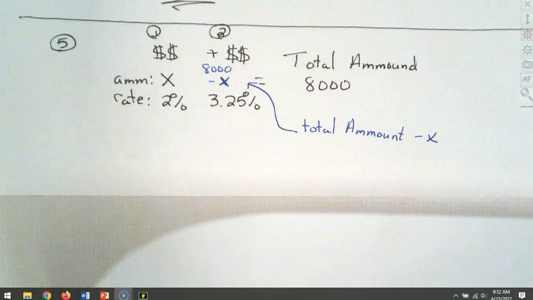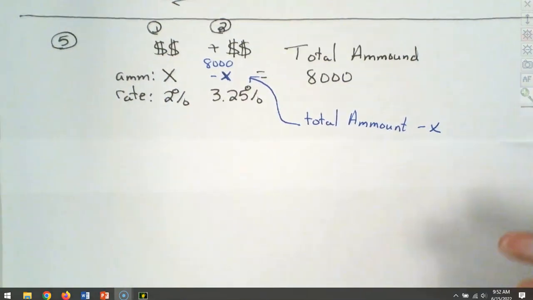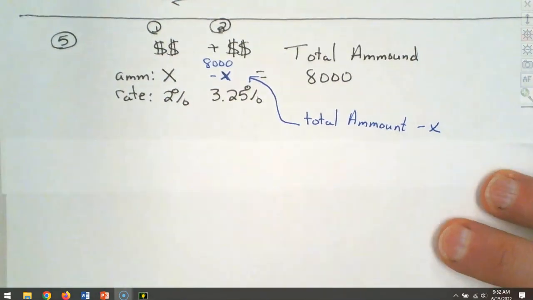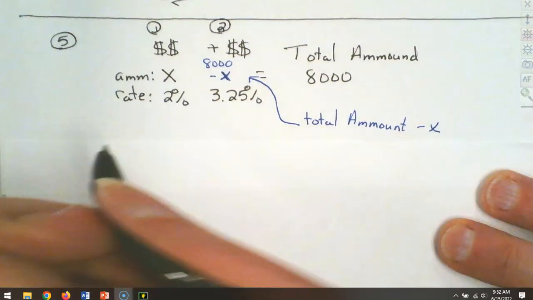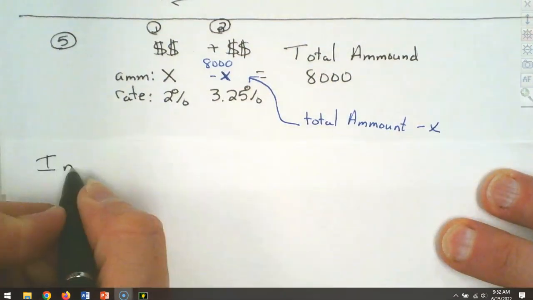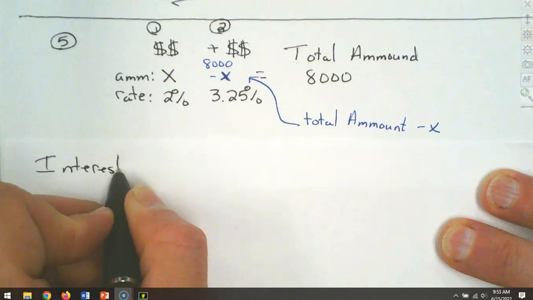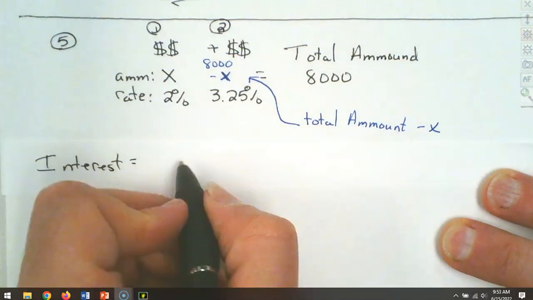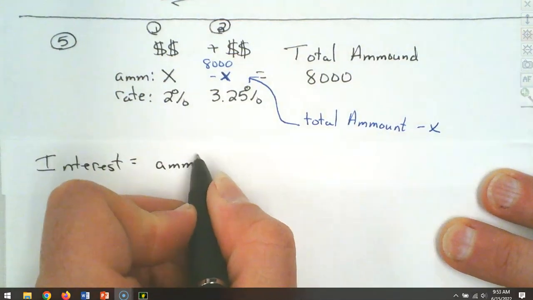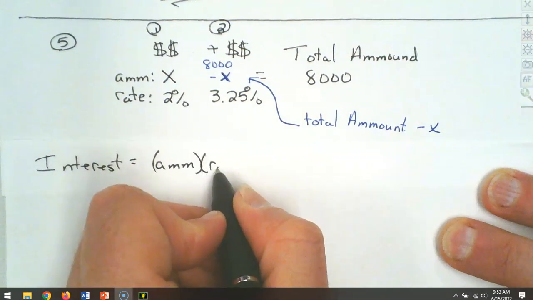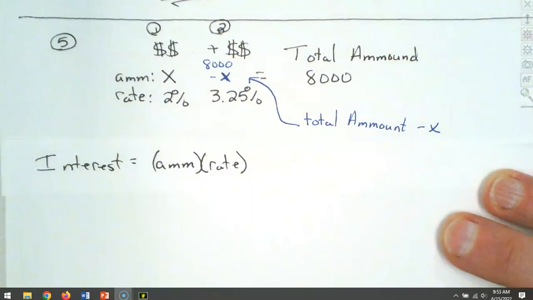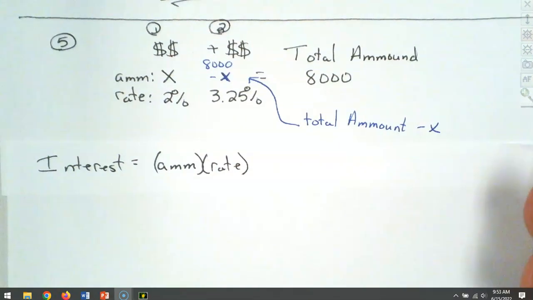Let's go ahead and build our equation. And the equation in this case is going to be built off of the interest. And so your interest, and this is simple interest, by the way, your simple interest is the amount times the percentage rate.